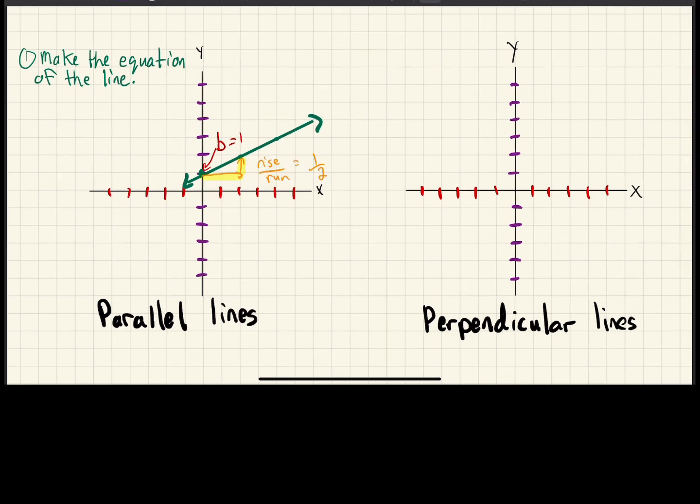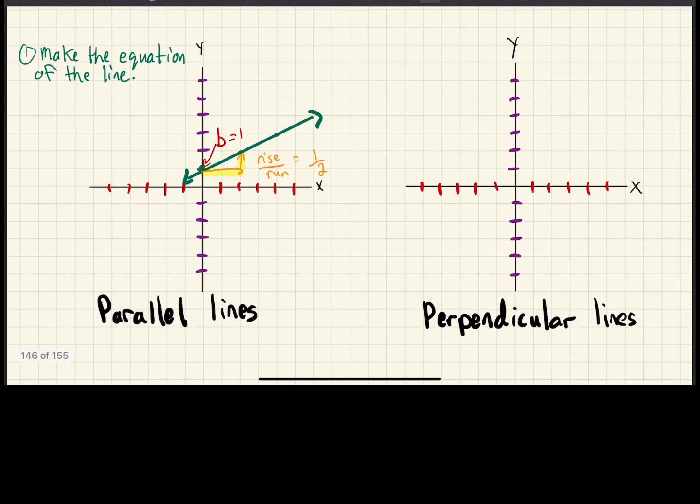The rise over the run in this case is 1 over 2, because we can see that it increases by 1 when we pick 2 points, and then it increases to the right by 2, so 1 over 2. So with the b value and the slope, y is equal to half x plus b, or in this case, plus 1.